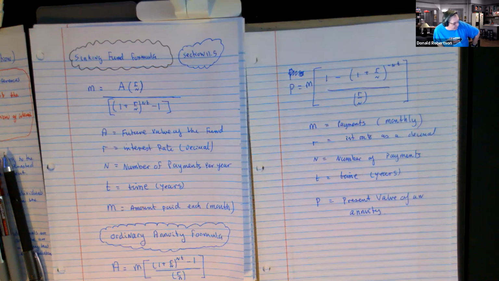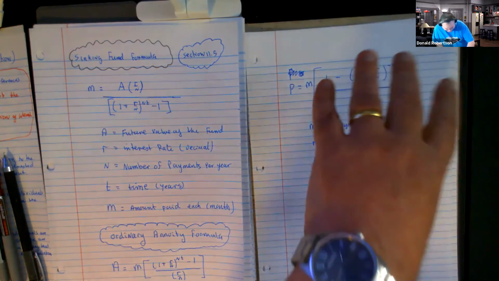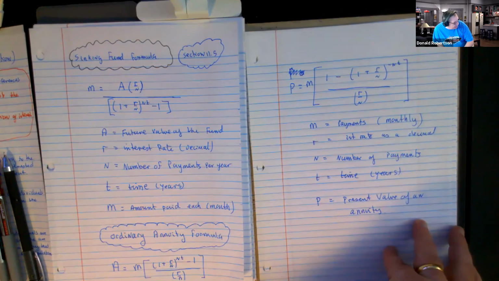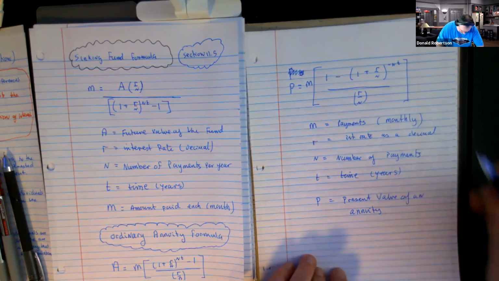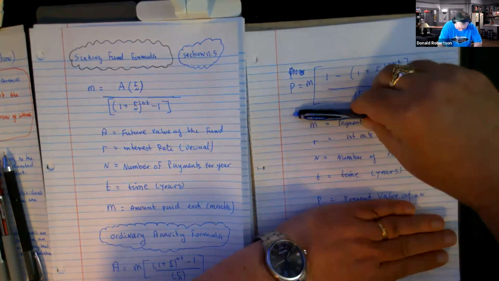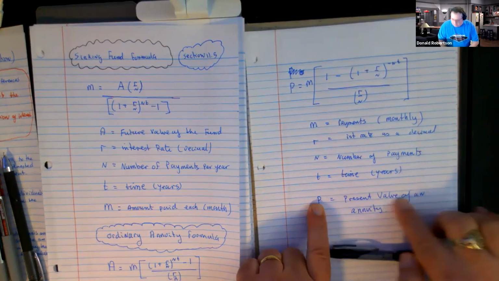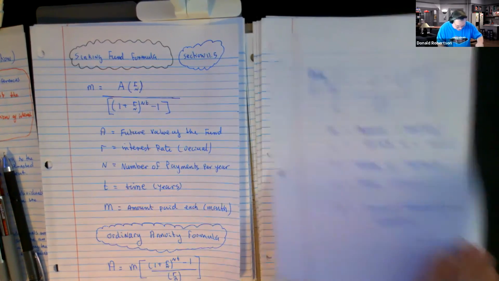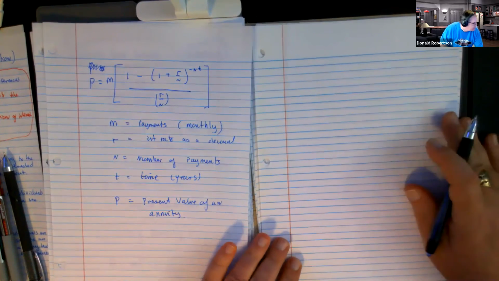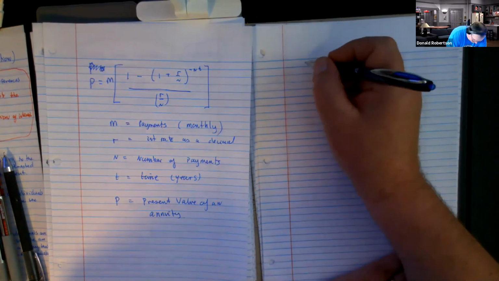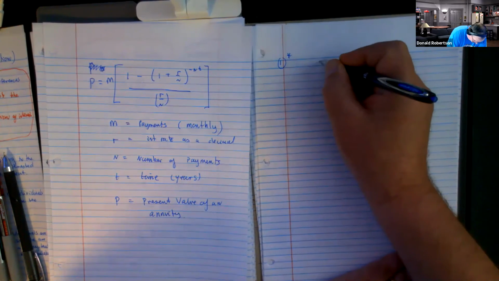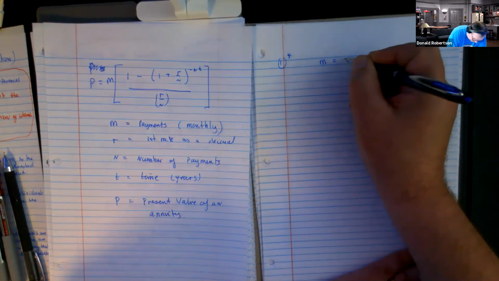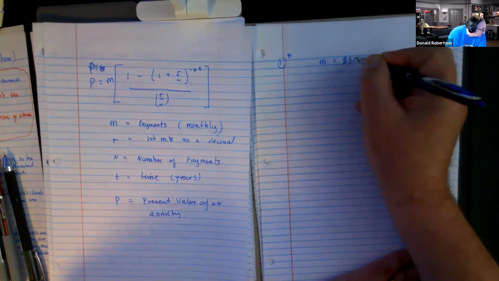And essentially what you're going to be doing here is, here's the ugly formula. And they will tell you pretty much all of those guys, and you're going to find one. So let's see what that looks like. On the question that I'm doing right now, which is similar to question number 1, you're paying $50 a month.